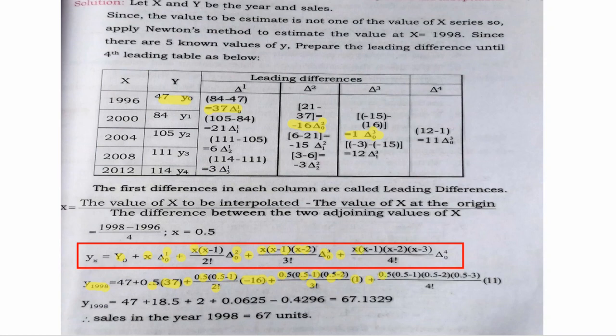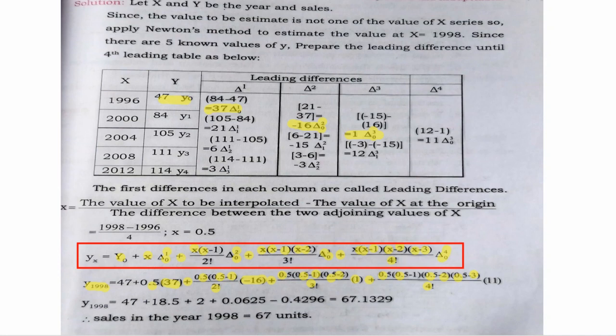Plus x value is 0.5, 0.5 minus 1, 0.5 minus 2, 0.5 minus 3, divided by 4 factorial. Delta naught to the power of 4.